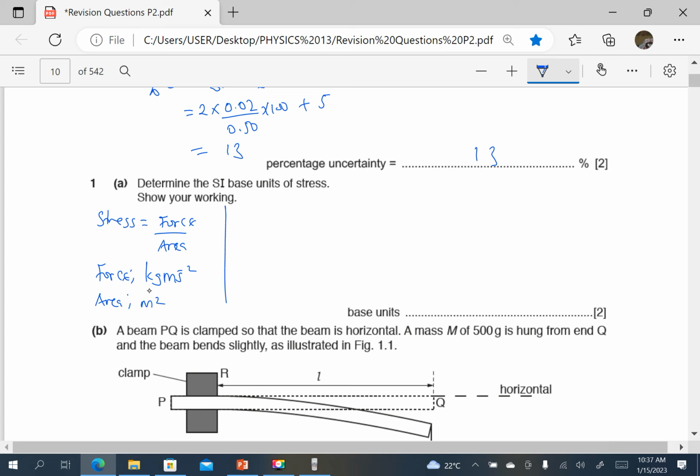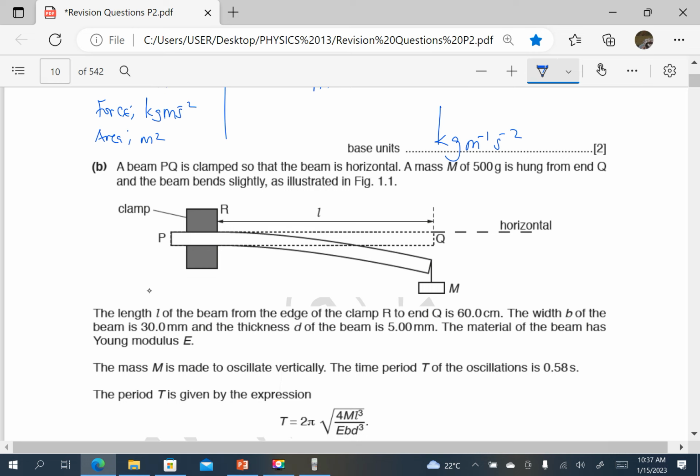So we just substitute. The base units of stress will be kilogram meters per second squared divided by meters squared. When you divide m by m squared, this gives us kilogram per meter per second squared.